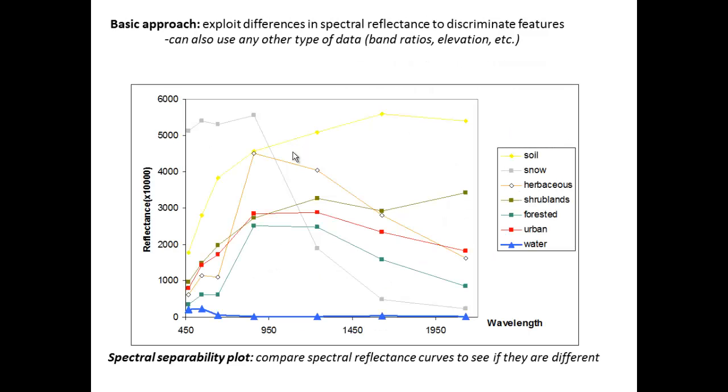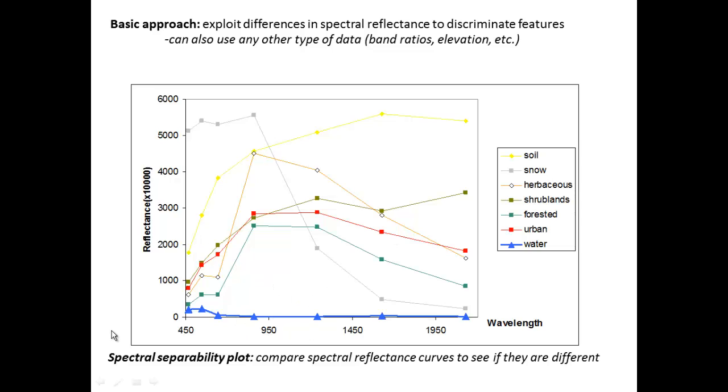Basically, the way this is typically done is to use differences in the spectral reflectance between different surface types to assign them to categories. For example, in this plot, we see snow has a really high reflectance in the visible, but low reflectance in the infrared, and herbaceous plants have kind of the opposite. Those different reflectance characteristics give us the opportunity to separate them spectrally into different classes.